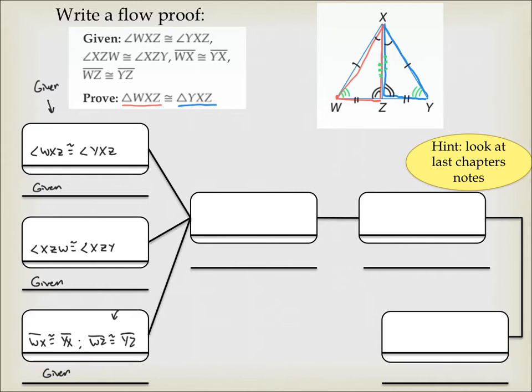Because XZ overlaps perfectly, and it's in both triangles, we can say that XZ is congruent to XZ because of the reflexive property.